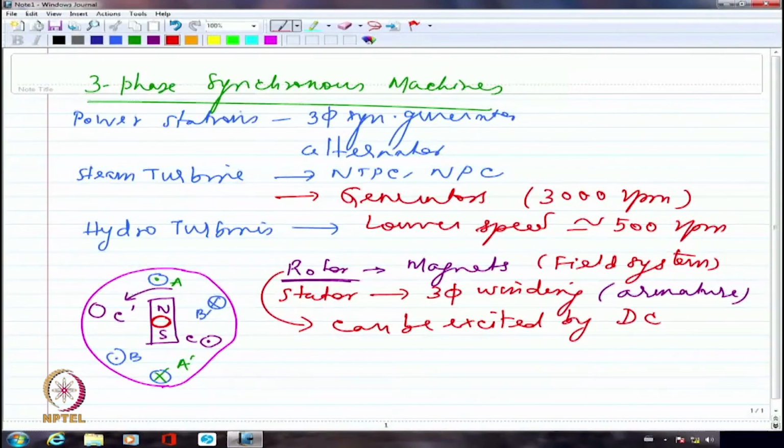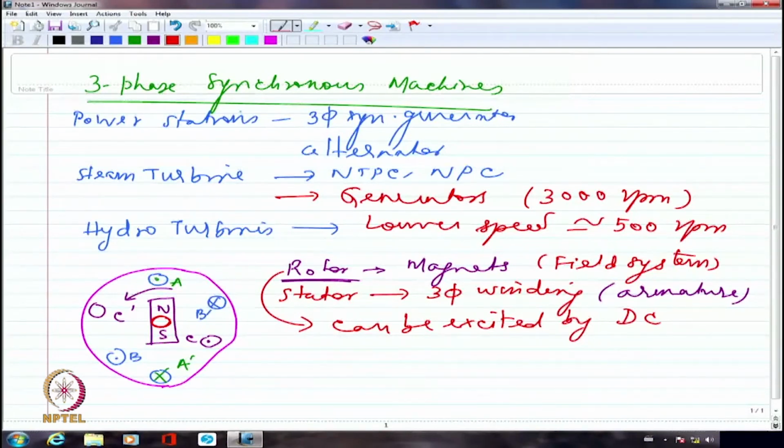And the prime mover speed will be controlled by the power station authorities according to the frequency that needs to be generated. So for example, if it is going to be a two-pole machine, I am going to have this particular North Pole facing the phase winding A during every revolution.